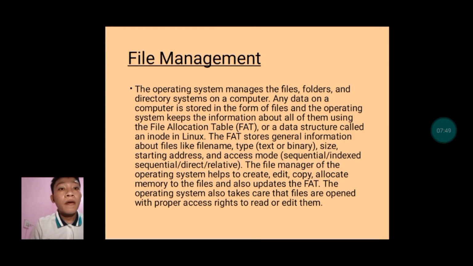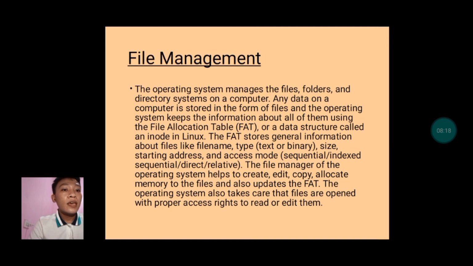And lastly is the file management. The operating system manages the files, folders, and directory system on a computer. Any data on a computer is stored in the form of files, and the operating system keeps the information about all of them using the file allocation table, or FAT, or a data structure called an inode in Linux.